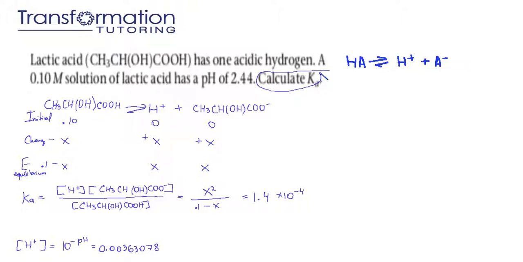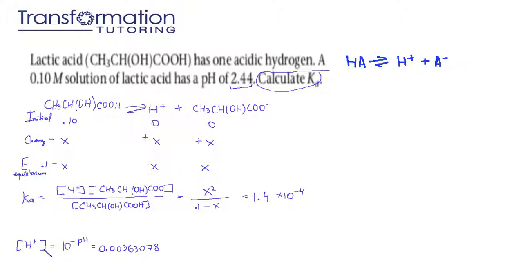We are very close. The only thing that we need to calculate Ka is if we would know this X, we could plug it in and we could get our Ka. How can we know this X? Well, the question tells us that the pH of the solution is 2.44. So we know the pH. What is pH related to?